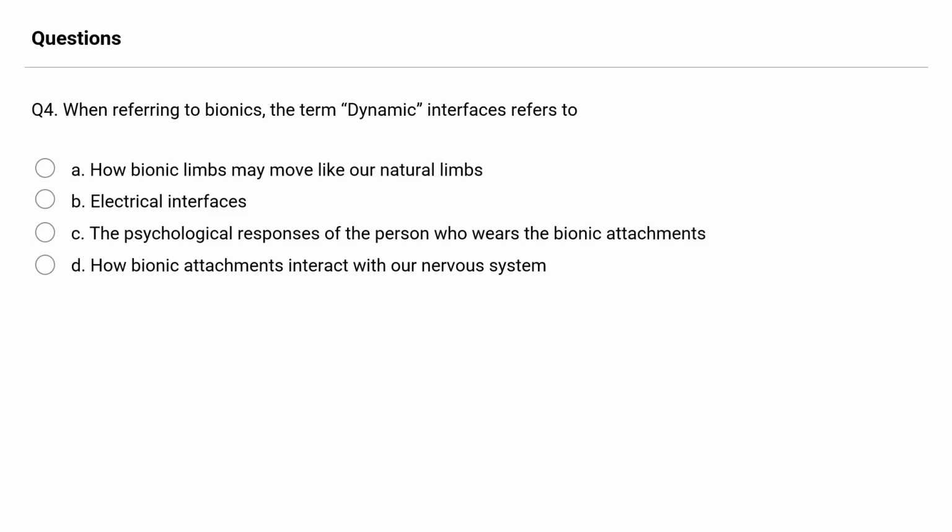Let's move to question 4. When referring to bionics, so again a question pertaining to the previous question, the term dynamic interface refers to: how bionic limbs may move like our natural limbs, electrical interfaces, the psychological response of a person who wears bionic attachments, or how bionic attachments interact with our nervous system.